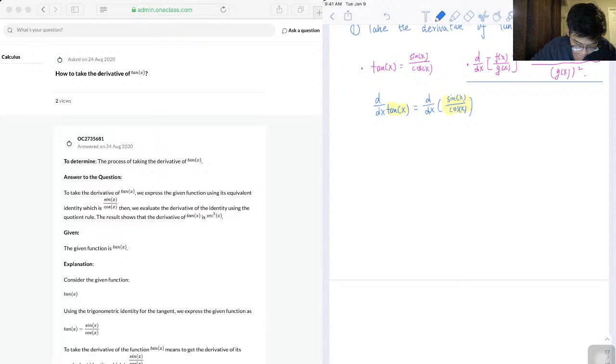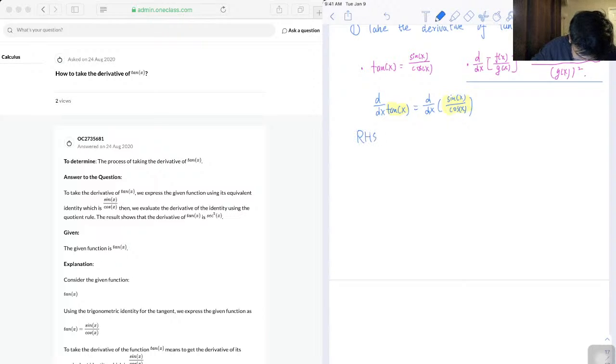d dx tangent x is actually equal to, you know what, just forget about that for a second. I'll just deal with the right-hand side first.